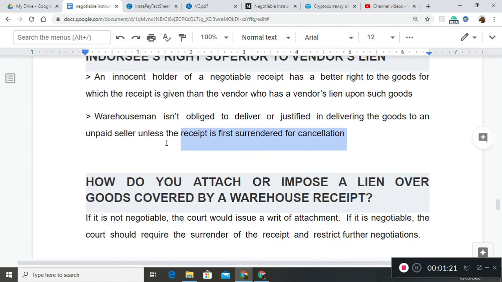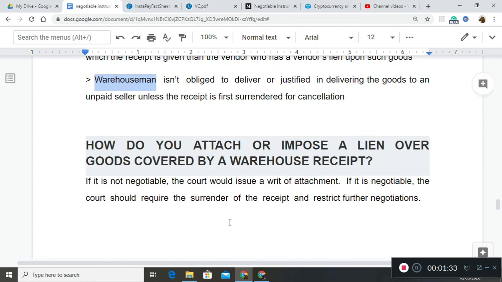So if the vendor does not have the original negotiable receipt with him, that vendor cannot enforce the delivery from the warehouseman.